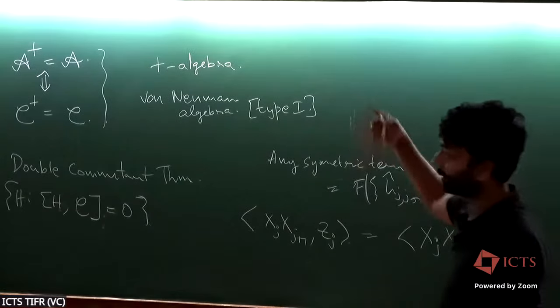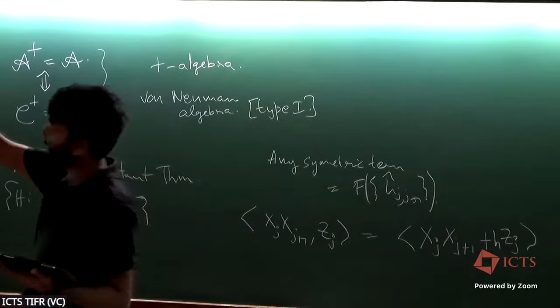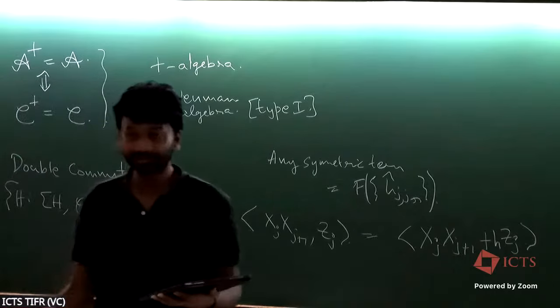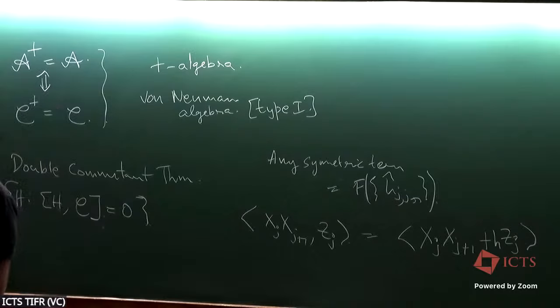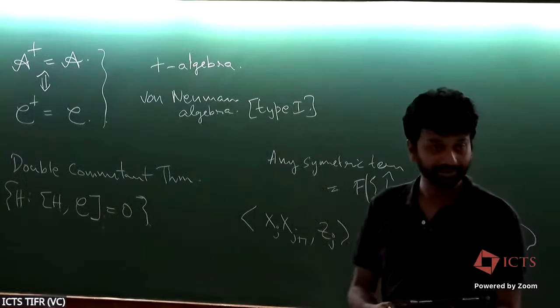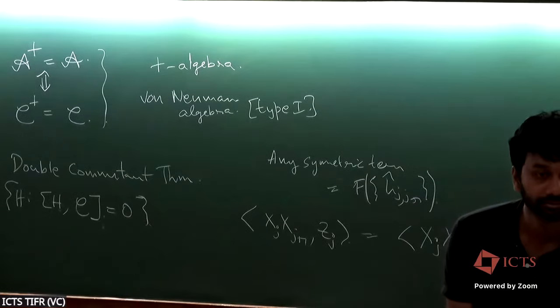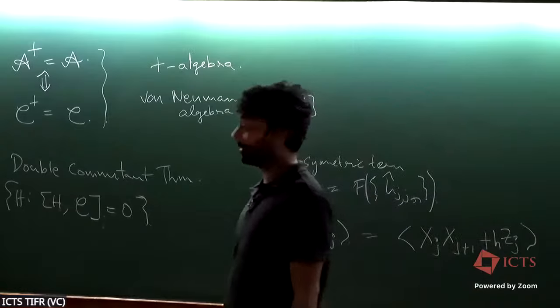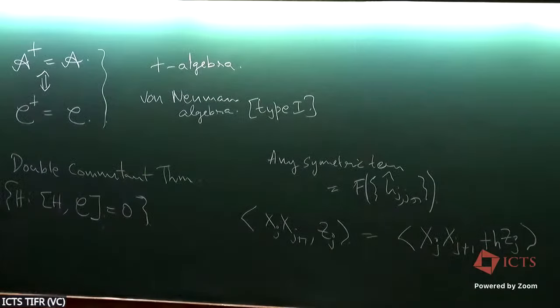In yesterday's talk, I described the physics of why we are studying these algebras, like weak ergodicity breaking and so on. Here I have a physical restriction: all of the physics is coming in from the fact that this is generated by local terms.